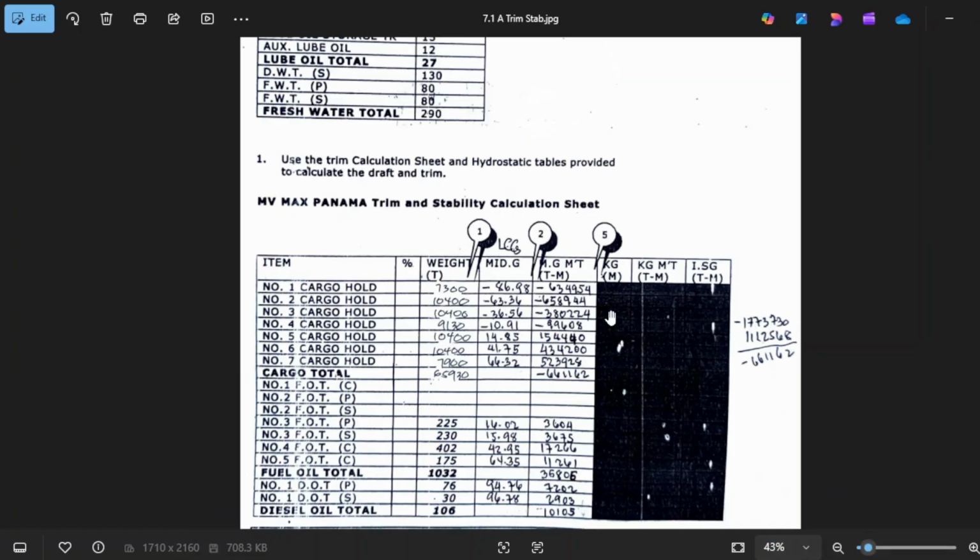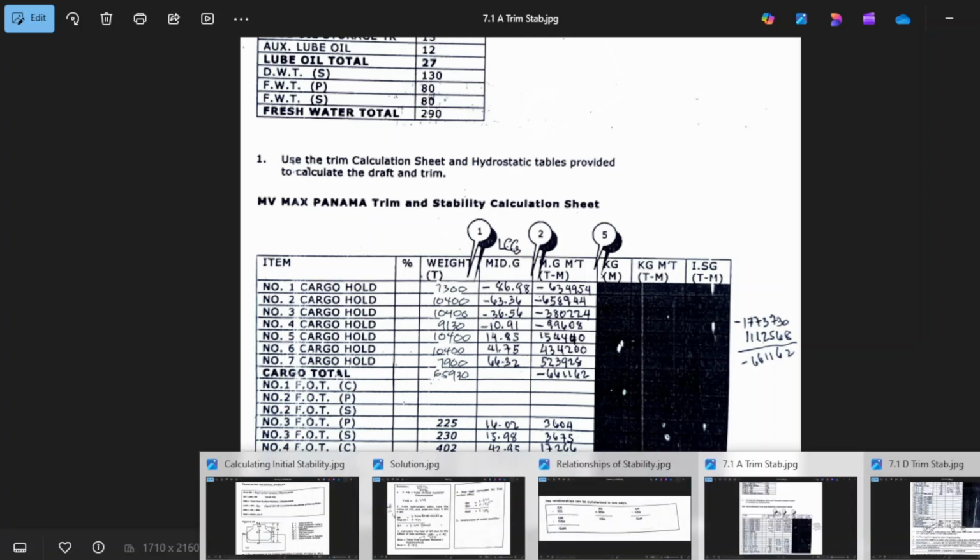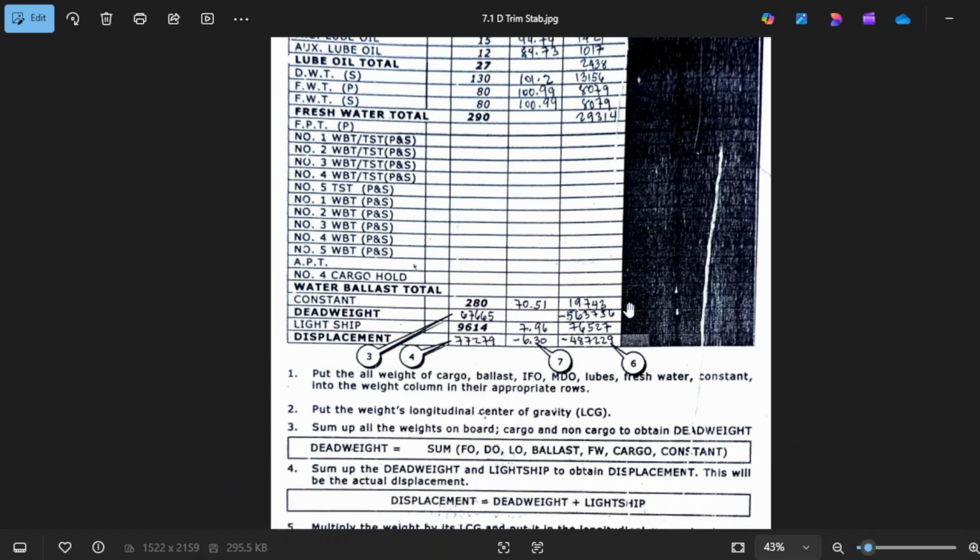So we are now applying the KG moment and the free surface moment. Before, we only concentrated on the weight, LCG and the LCG moment. Now we're going to extend to the KG moment and free surface, until we reach the final.